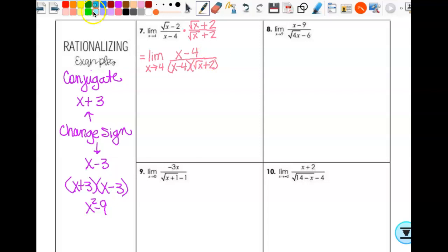Then since I have that, I can reduce. That leaves me with the limit as x approaches 4 of 1 over the square root of x plus 2.